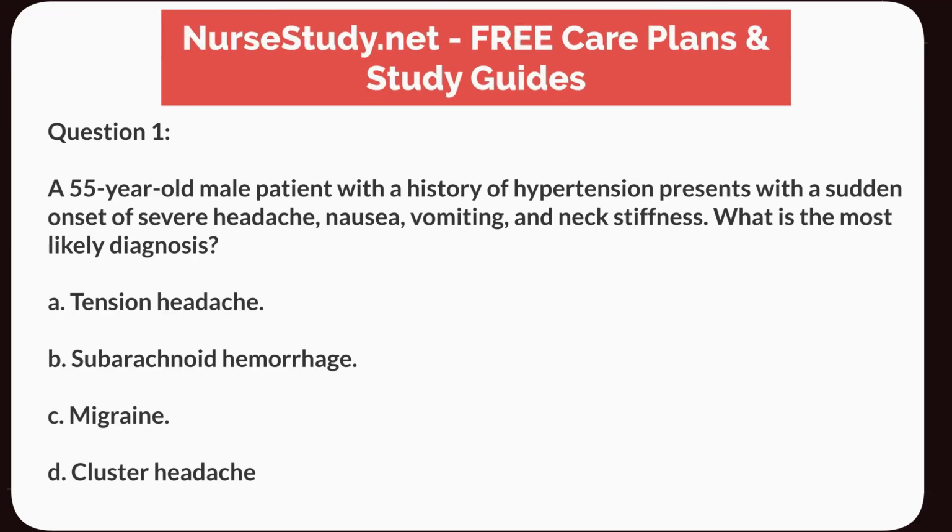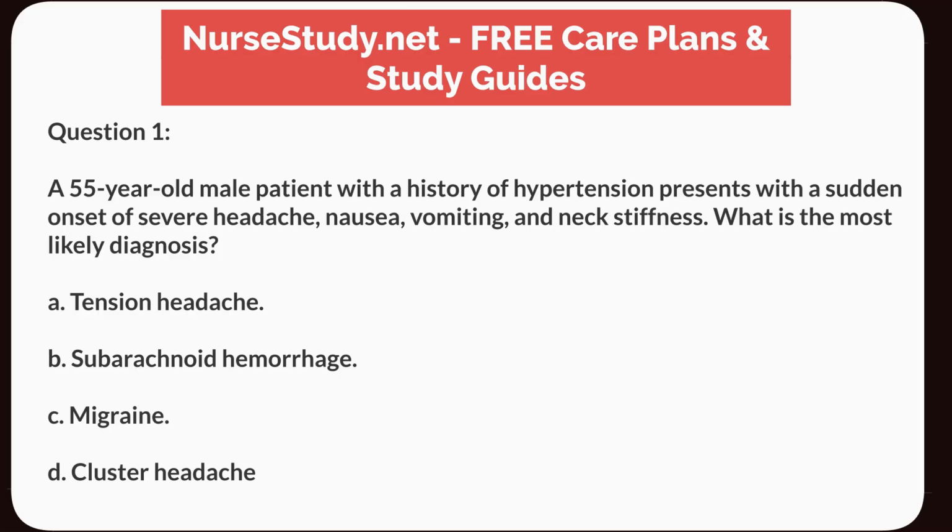Question 1. A 55-year-old male patient with a history of hypertension presents with a sudden onset of severe headache, nausea, vomiting, and neck stiffness. What is the most likely diagnosis? A. Tension headache. B. Subarachnoid hemorrhage. C. Migraine.